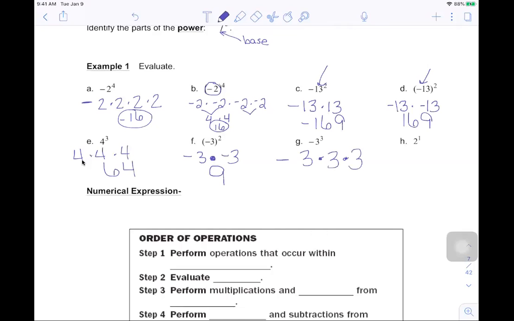So if there's parentheses, you're writing the entire number inside the parentheses. You're typing that in exactly as it's listed 2 times. If there's no parentheses, then it's 1 negative sign out front, and then the number separately 3 times. So this would be negative 27. And then letter H would just be the number 2. Any number to the first power is the number itself.